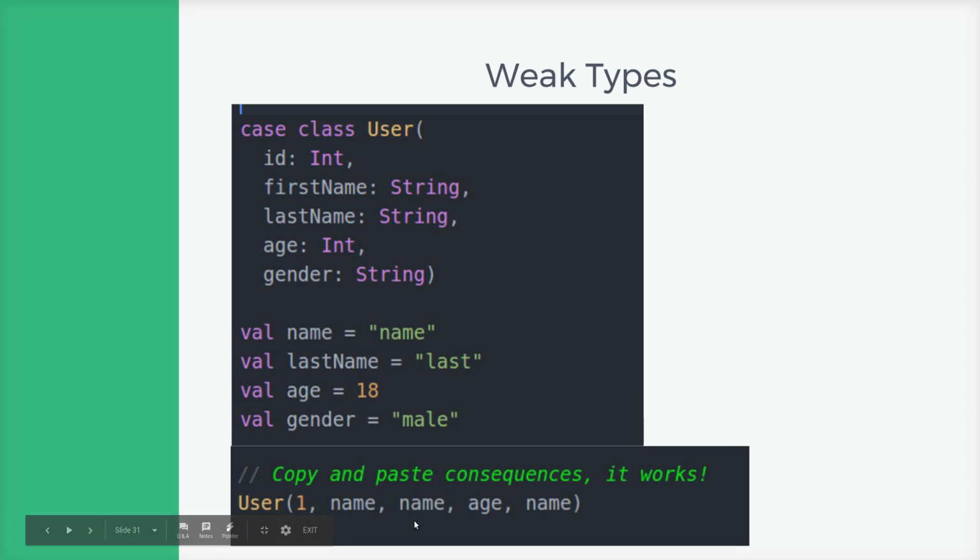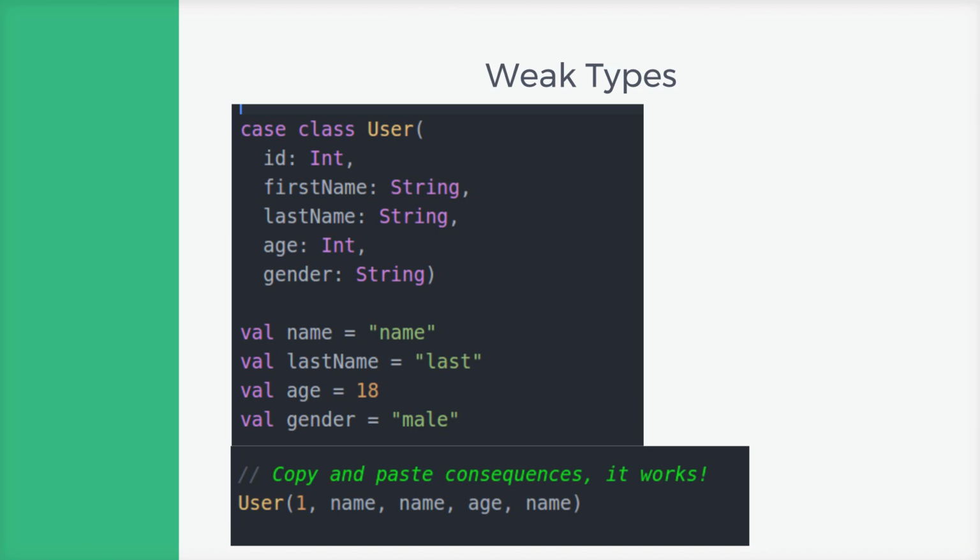I hope you have never done this, but I have, and I have always regretted copying and pasting values, because in this case you see that you are pasting the name as the last name and even as the gender, and the compiler is working because the compiler is only expecting a string or another string, an integer and a string, and it doesn't have something more related to business rules, which means that if you provide the correct type, the compiler will work.